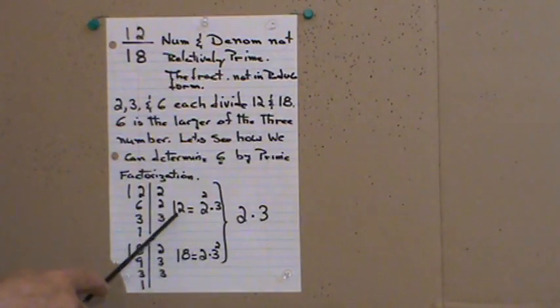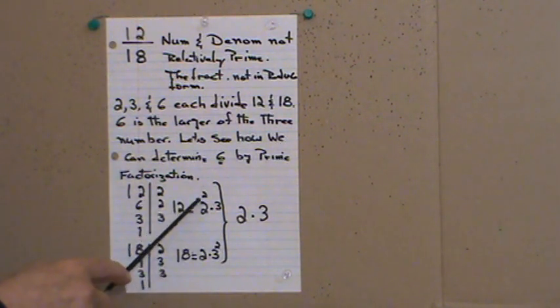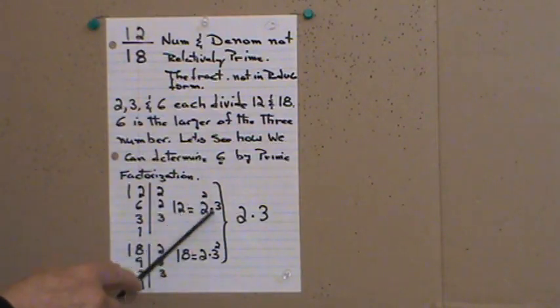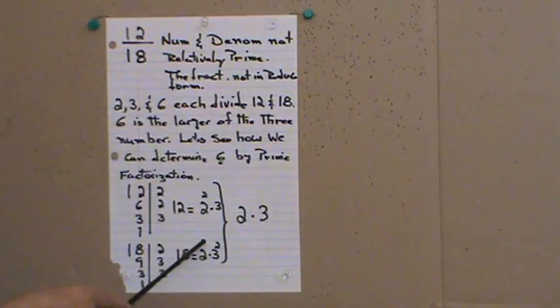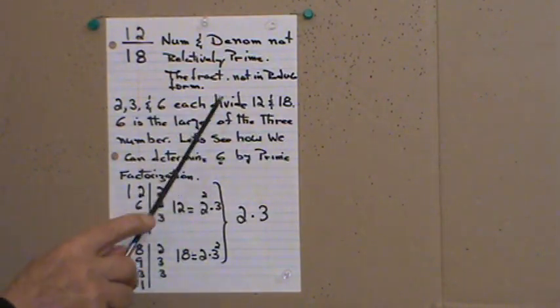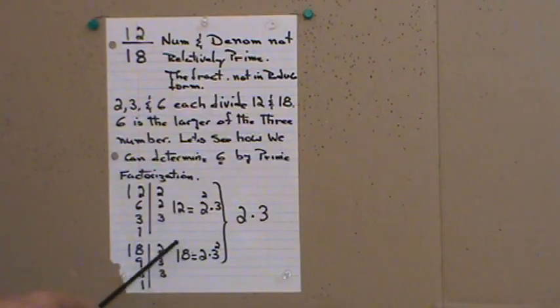Look at the 2 and 2, and choose the smaller power. The power of this 2 is 2, the power of this 2 is 1. So you select the smaller one, because it is a divisor of both of them. For example, 4 does divide 12, but 4 does not divide 18. But if you select 2, the lesser of the powers, then 2 divides 12 and 2 also divides 18. You see that?